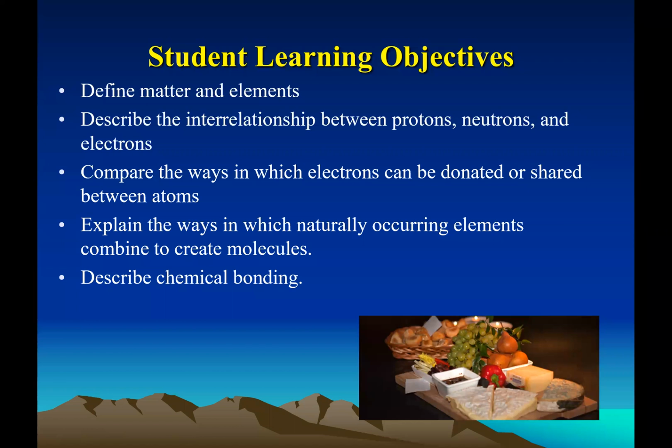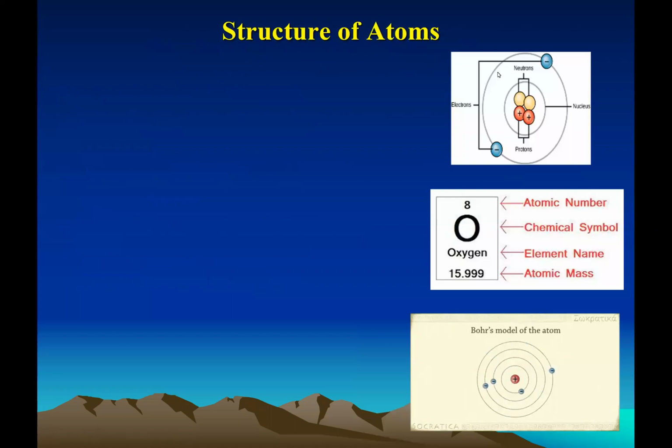So we'll start with the structure of an atom. All life is made up of matter. And if you zoom into the matter, it is made up of atoms. So here's the structure of an atom. And this is called the Bohr model of the atom.